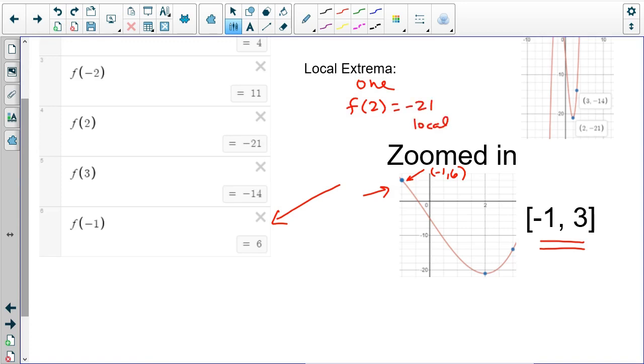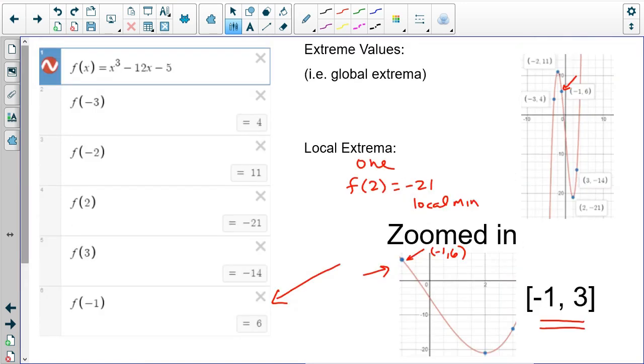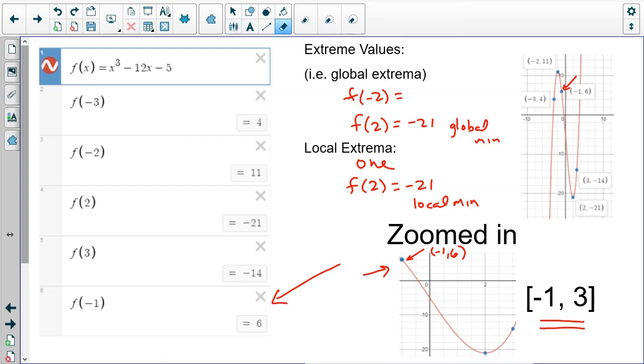That's a local min. And then I have to change what's happening with my global values because I changed my window. So f of 2 equals -21 is the global min, and f of -2 is no longer on my window.